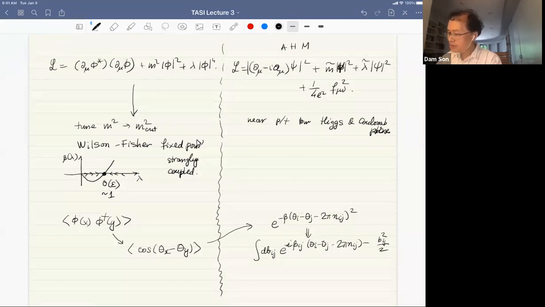And then when you integrate over d theta, you find that this gives rise to the constraint that the sum of B_ij with j being a neighbor of i is 0. We say that it's the divergence of B equals 0 condition.